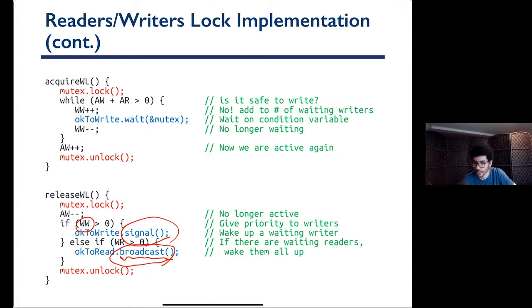So a monitor is going to provide for us mutual exclusion and scheduling constraints, the same thing that a semaphore does. So monitors and semaphores both do the same thing.